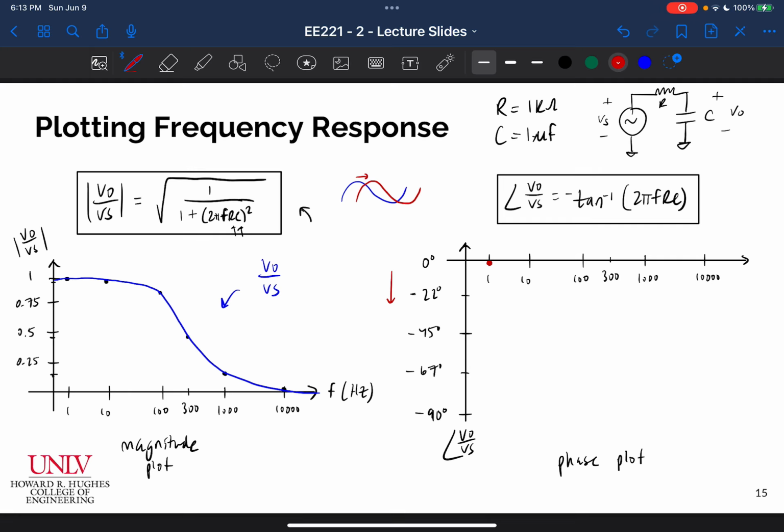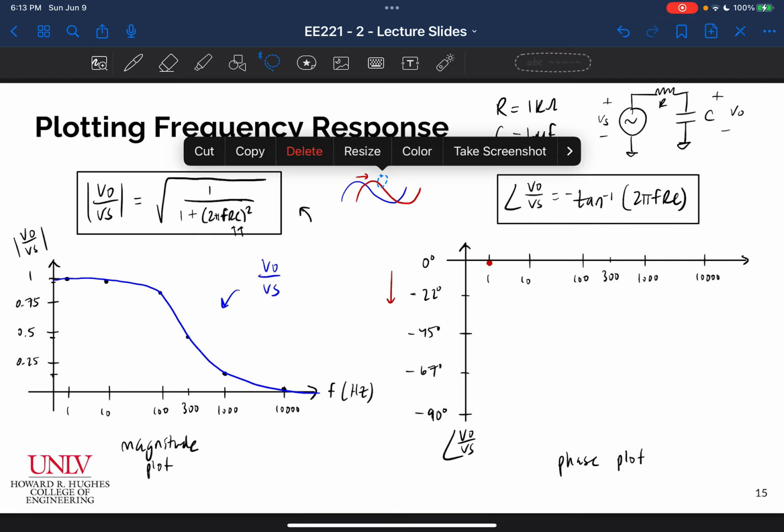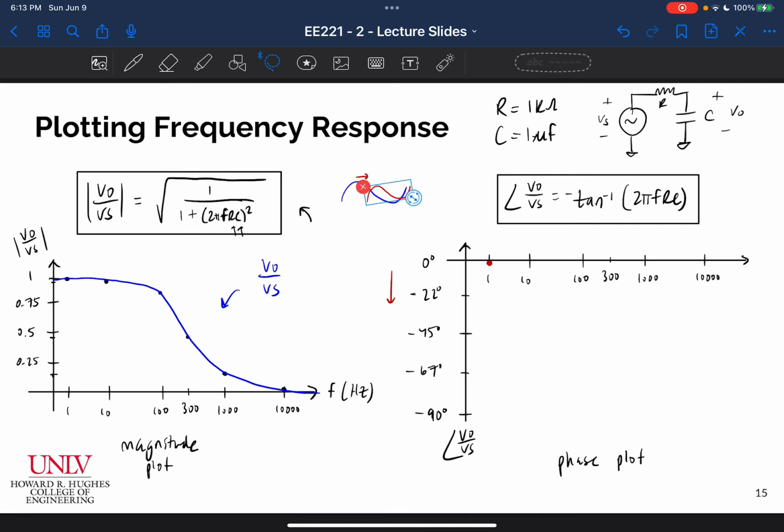And of course, I don't know how this is going to work. I probably can only scale it. Yeah, I can't scale it just in the horizontal direction. But as I change my magnitude over here on the left, that would be analogous to this output waveform basically shrinking, right?